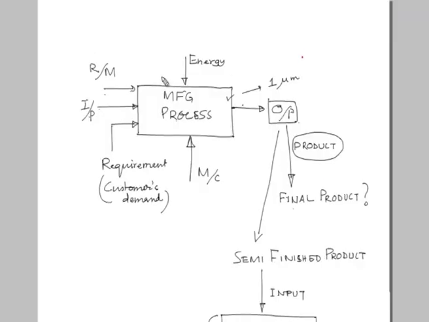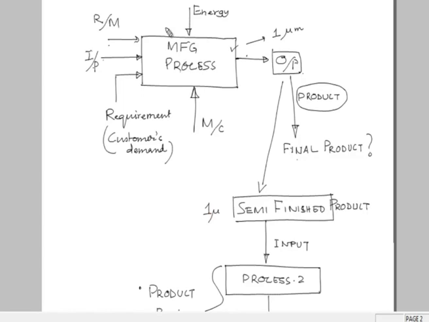Rather, I shall have to take that product, which I will call at this stage a semi finished product, which has 1 micrometer Ra.